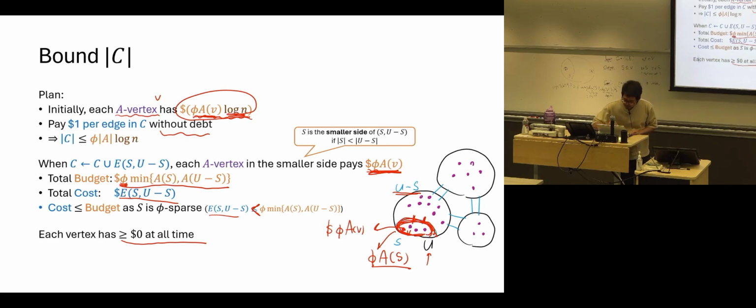It has this much money from the beginning, and whenever some node is on the small side of the sparse cut, then it pays this much. Why is it the case that at all times every node will have at least $0?